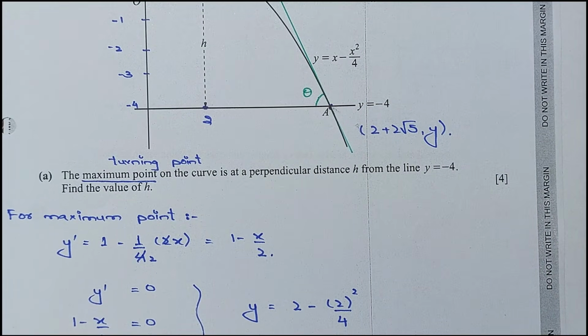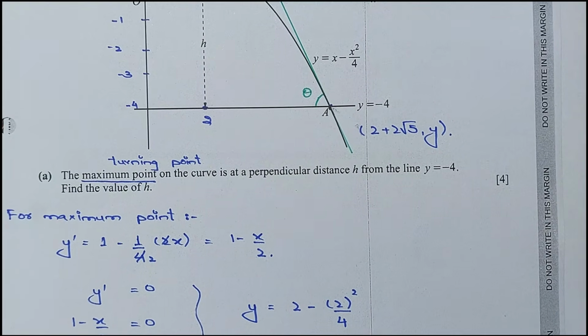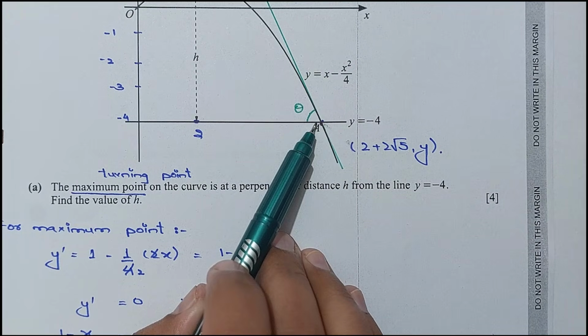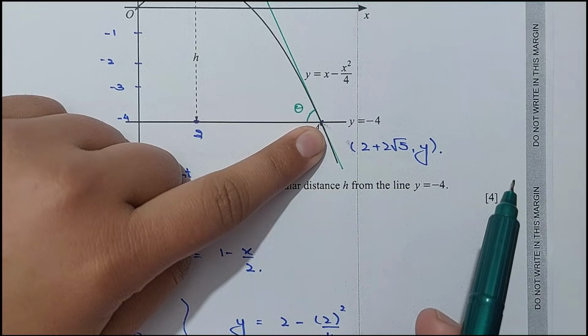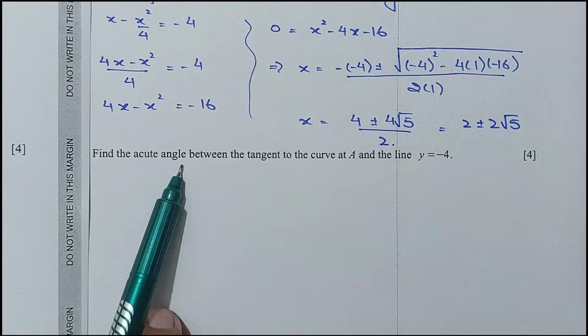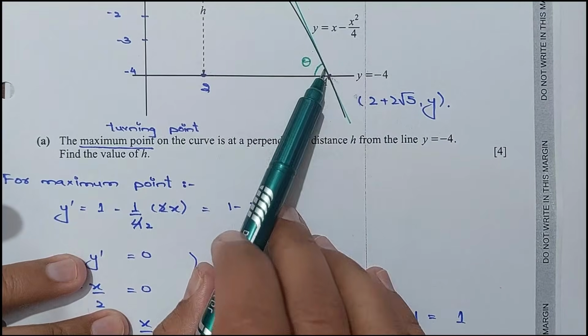Okay, so keep in mind, tan theta is basically the gradient of the curve, right? So this is the tangent at point A. We have to find the acute angle between the tangent to the curve at A and this line.